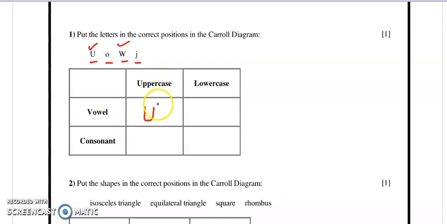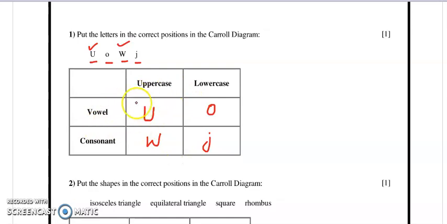W is uppercase but a consonant, so I will place it here. Now O and J are both lowercase letters. Out of them O is a vowel, so as a lowercase vowel I will put it here, and J is a consonant, so I will place it here.